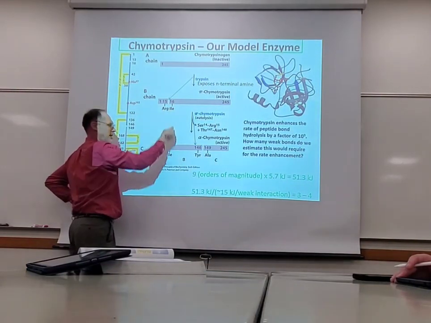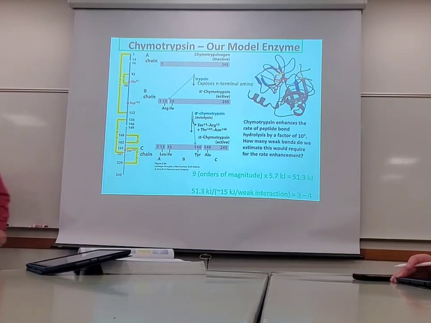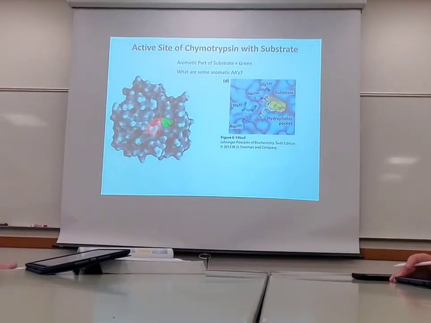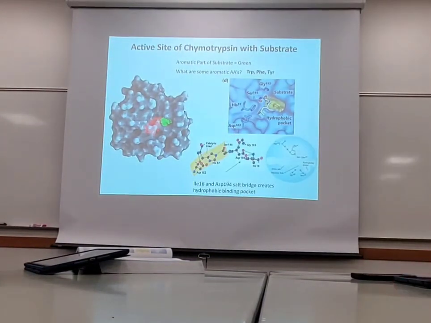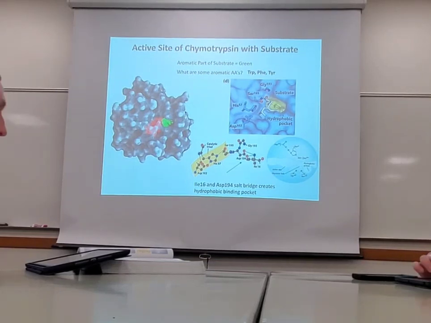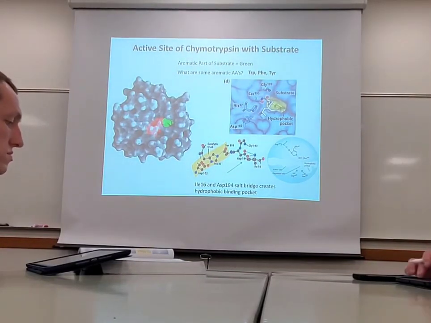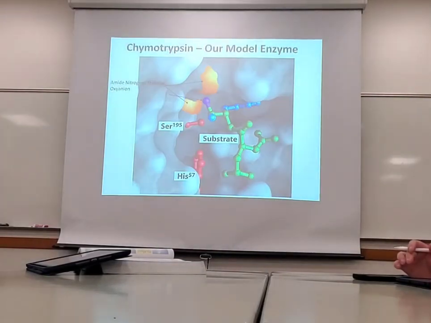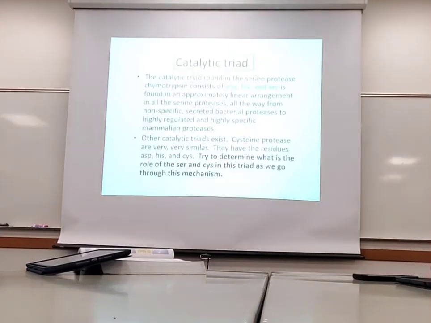And now it can interact with an aspartate. Pay attention to where the location of that binding pocket is. We're talking about aspartate 194, okay? The catalytic triad is the one that we're going to be interested in there. You can see some nitrogen stabilizing the oxyanion, we'll talk about that later.